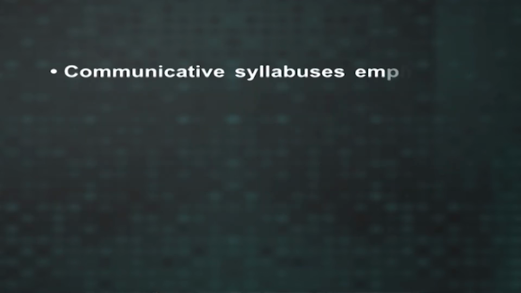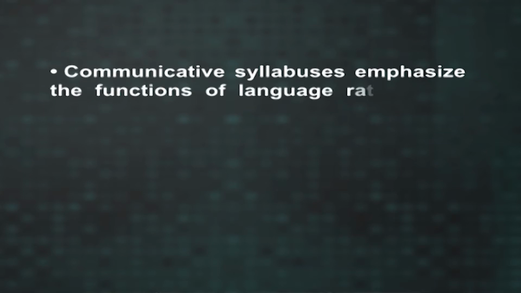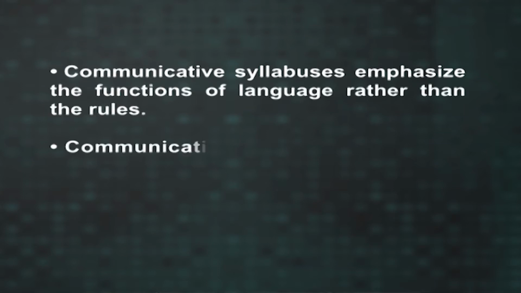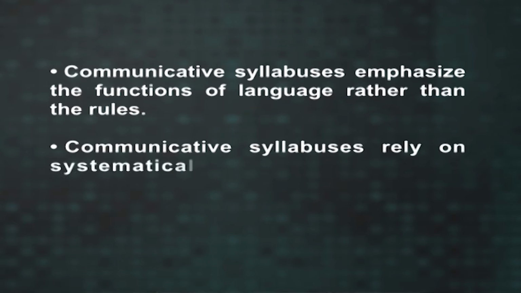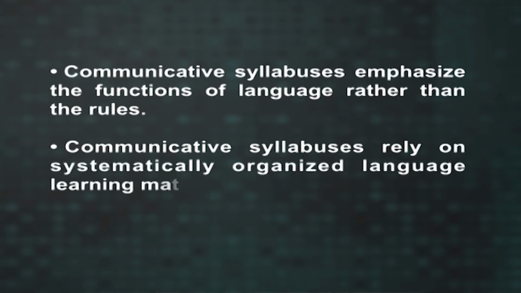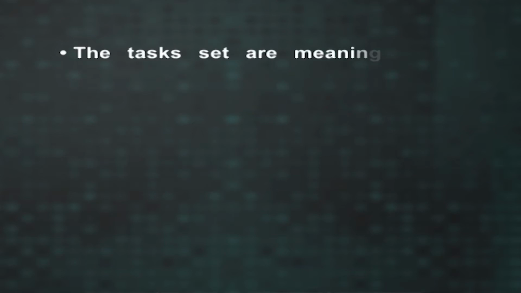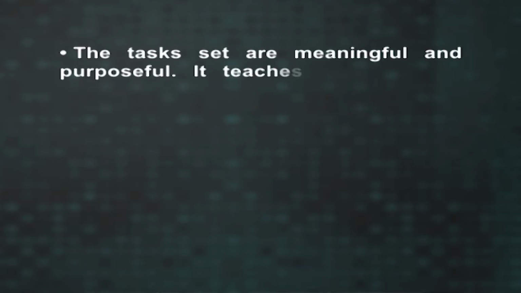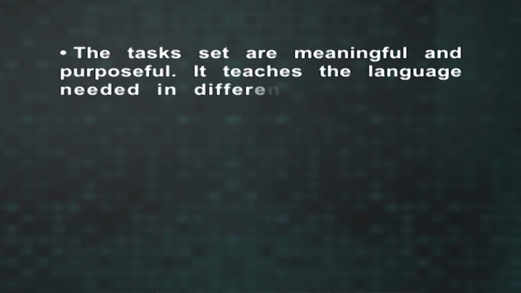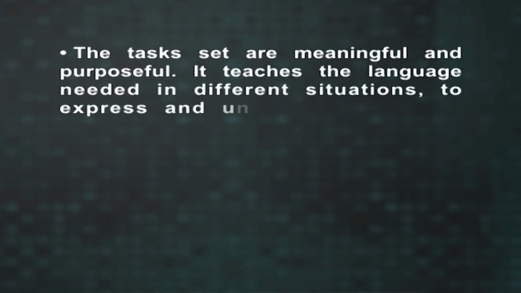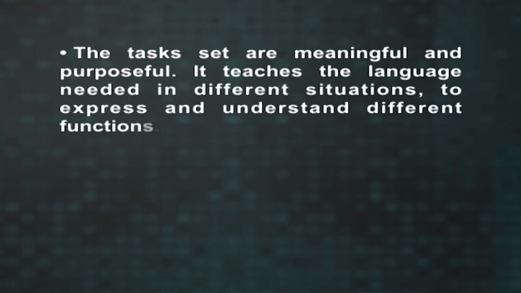Communicative syllabi emphasize the functions of language rather than their rules. They rely on systematically organized language learning materials. The tasks set are meaningful and purposeful. It teaches the language needed in different situations to express and understand different functions.